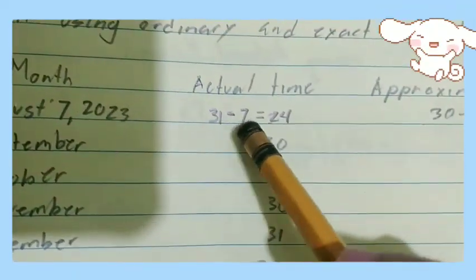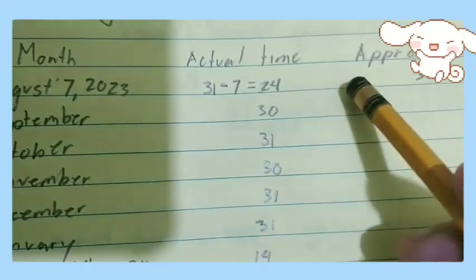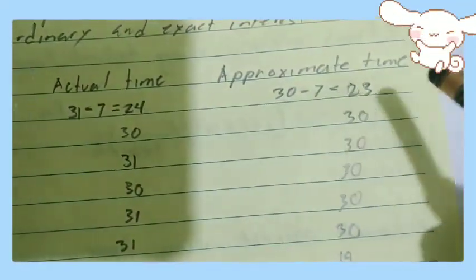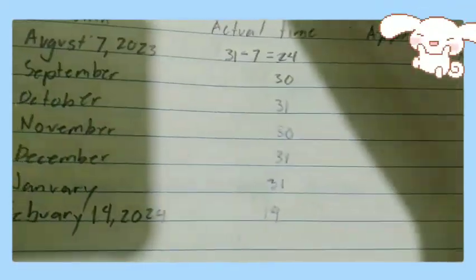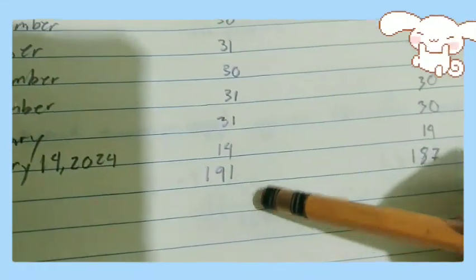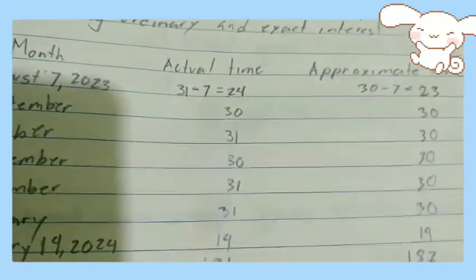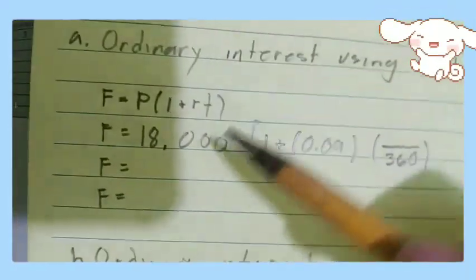So 31 minus 7, because August 7, equals 24, and 30 minus 7 equals 23. Add it all together, you'll get 191 and 187. And we have our time.